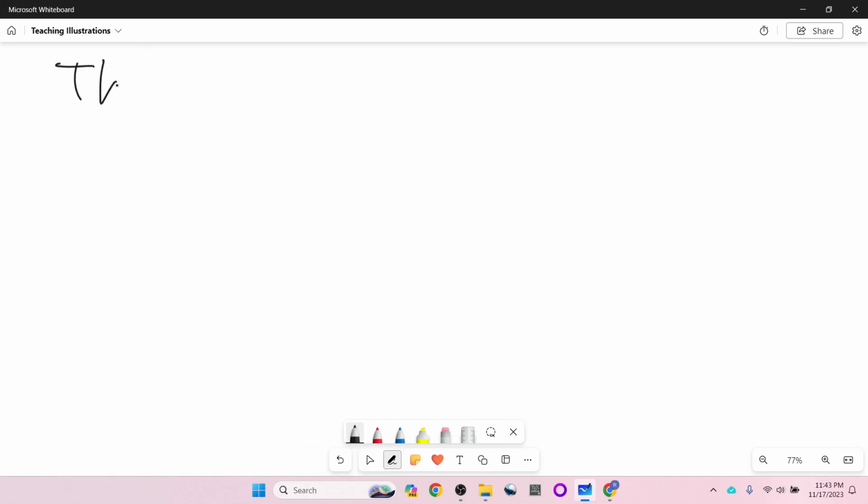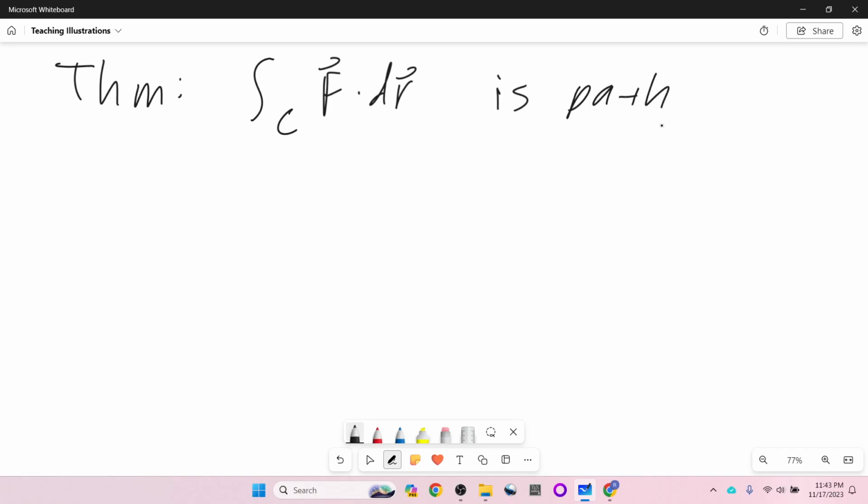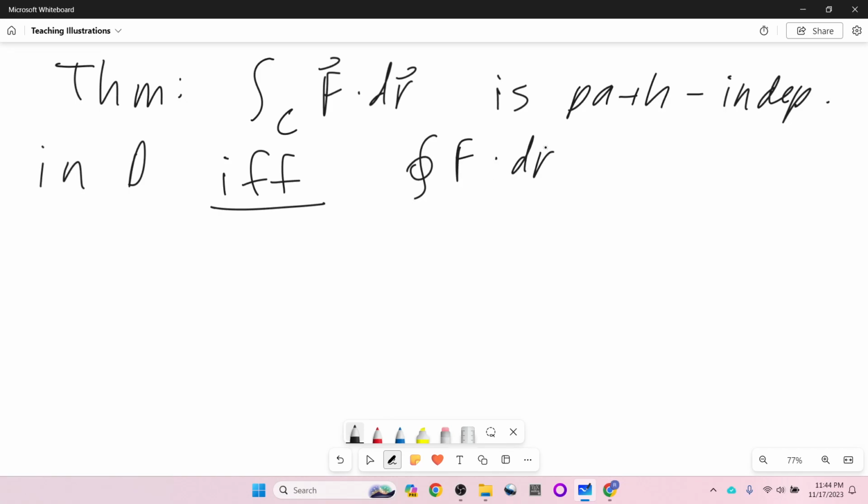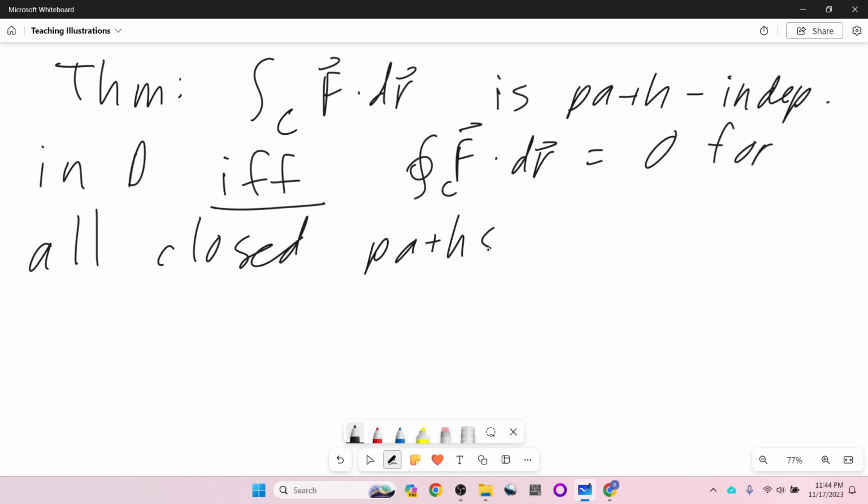We'll say theorem: the integral along C of F dot dr is path independent in D if and only if the integral of F dot dr along C equals 0 for all closed paths C in D.